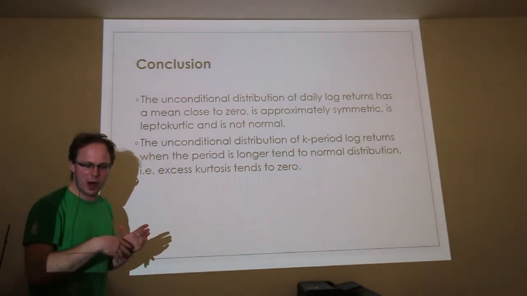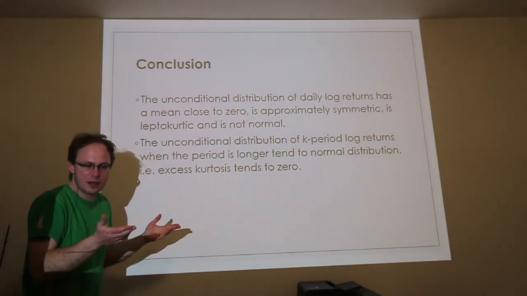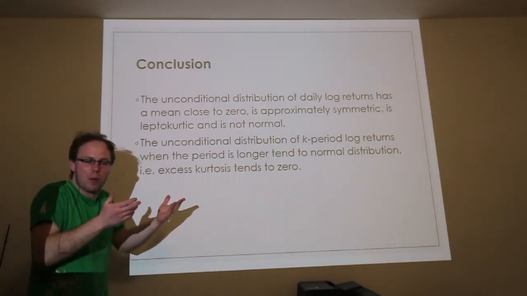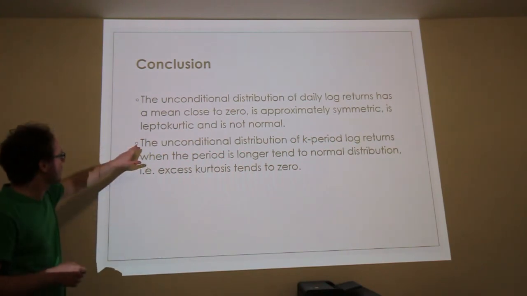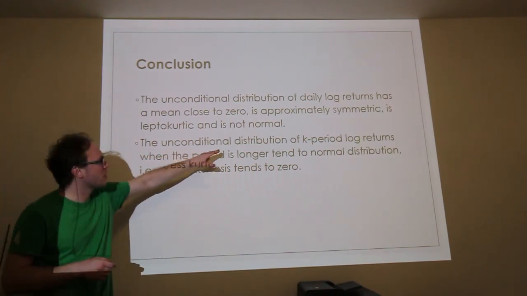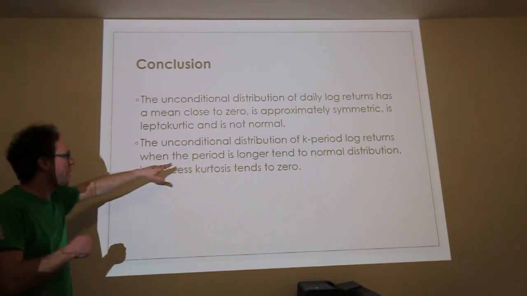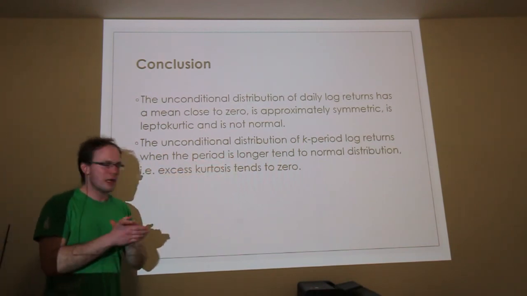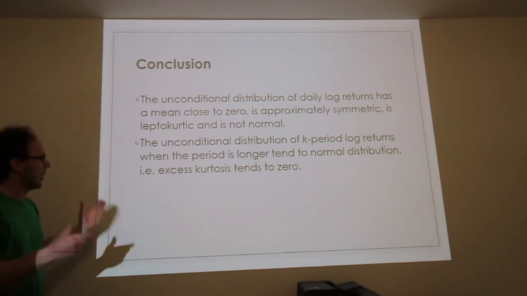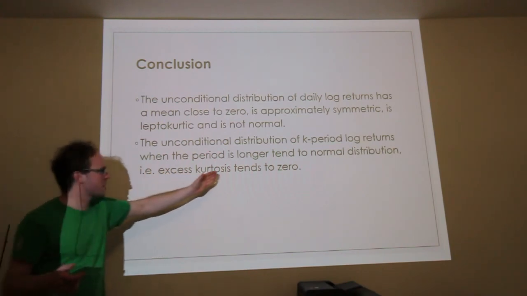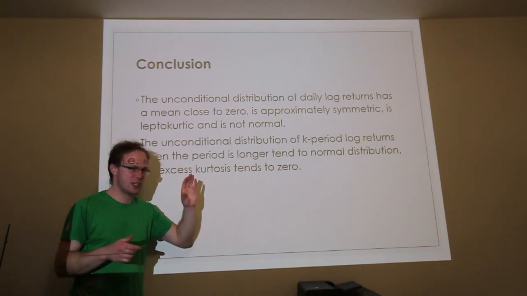According to the Jarque-Bera test, you could see that this was not normally distributed. The unconditional distribution of k-period log returns, when the period is longer, tends to the normal distribution. It means excess kurtosis tends to 0.